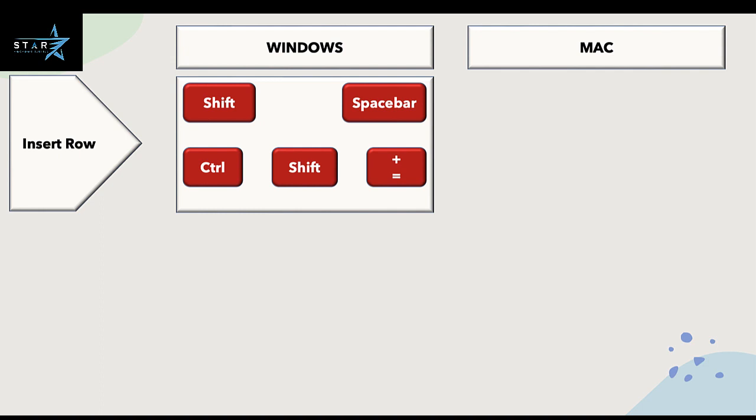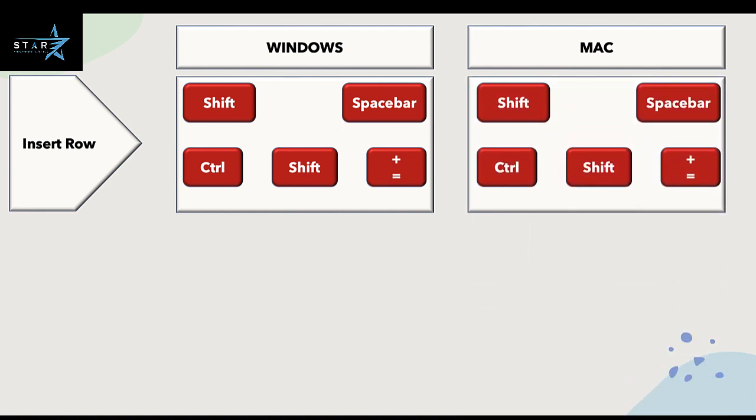So just select row 3 and press Shift spacebar and then Control Shift plus equal sign, and automatically a row will get inserted on top of row 3. Mind you, it inserts the row on top of the row which is selected by Shift spacebar. The good news is the same shortcut is available on Mac and the method is exactly the same as on a Windows laptop.